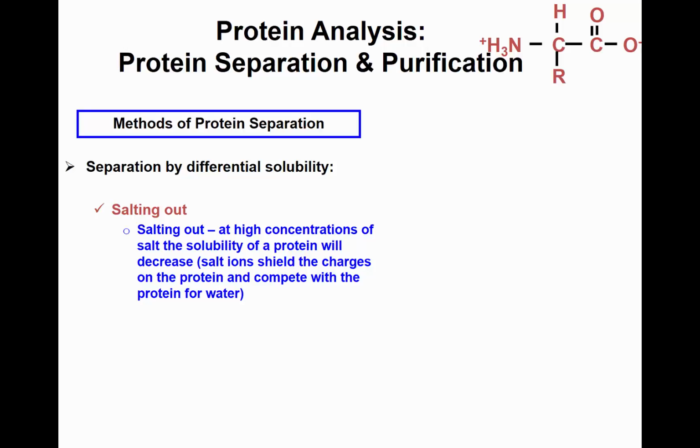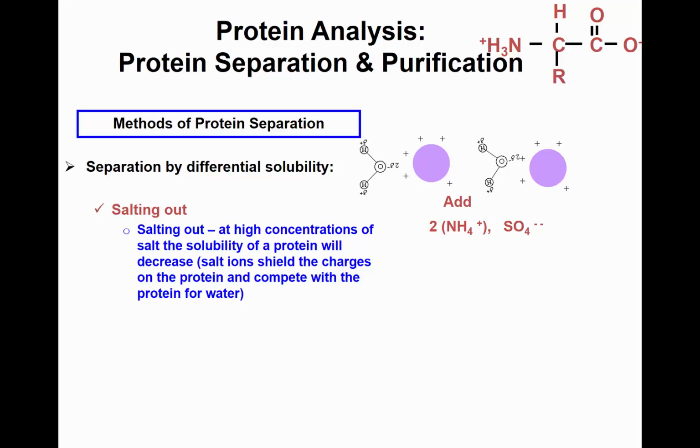So, focusing on the extraction bit, which is solubilizing your protein first, or in this case, precipitating it after you solubilized it. Let's assume you solubilized it using a little bit of salt, salting in, and now you have a solution with the protein and other stuff in it, and you want to get it out, so you precipitate it at high salt concentration.